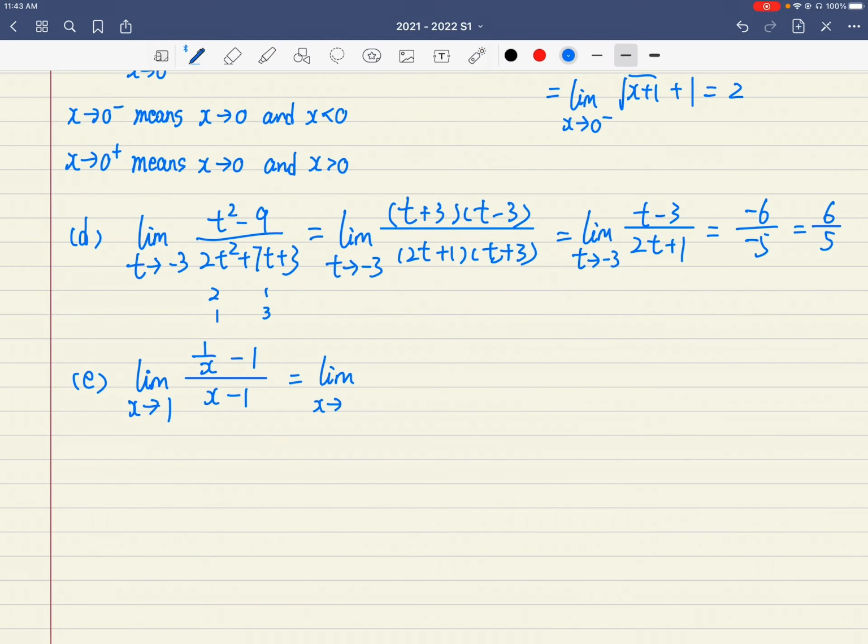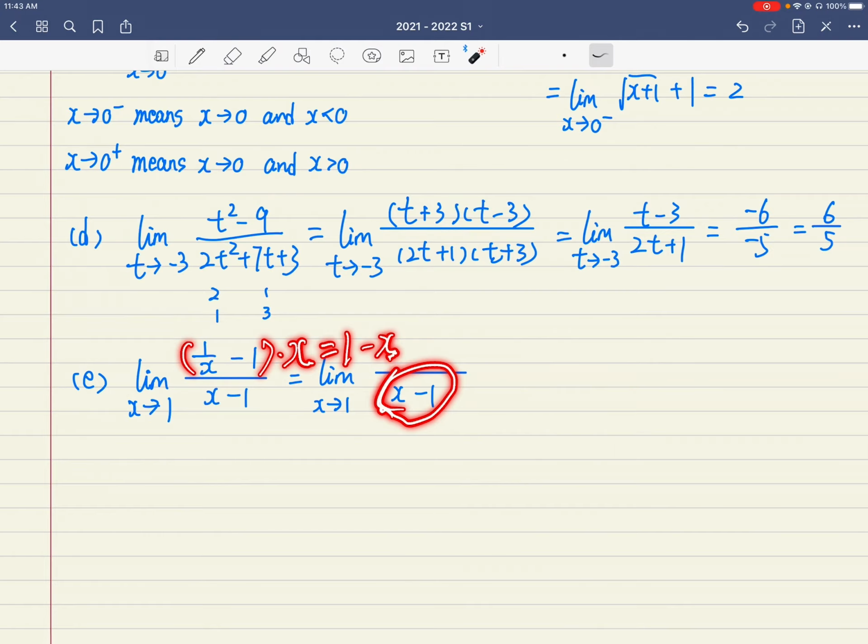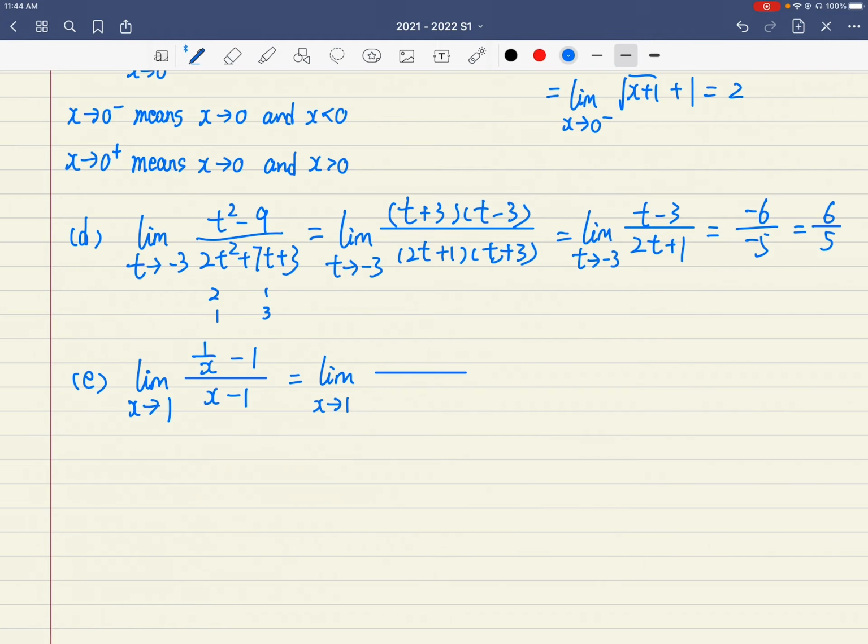But now what is a common factor? You can see that if the top times x, what do you have? It's going to be 1 minus x, which is exactly negative 1 times the bottom. So the bottom, if you factorize it, is actually the top times negative x. The top times negative x, you will get the bottom. And then these two parts cancel out.